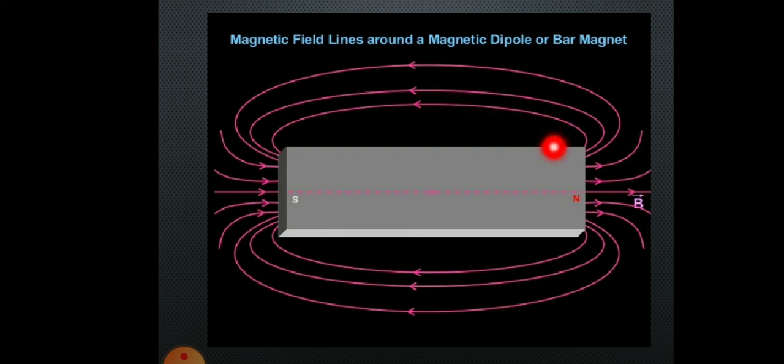Later, it is crowded near the poles because the magnetic field is stronger near the poles, okay? And the last property, no two field lines intersect each other. Can you observe here any of the field lines intersecting? No. So no two field lines intersect each other. The magnetic field lines do not intersect each other. So these are the properties of magnetic field lines.